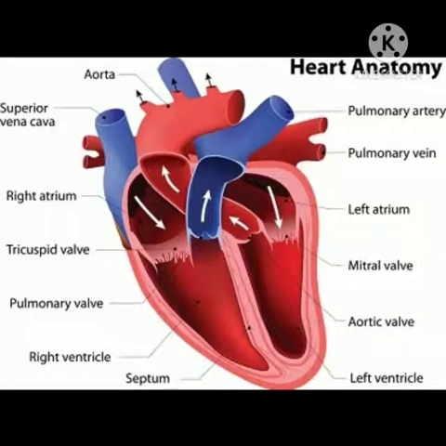Heart has 2 parts, right and left parts. The left and right parts of the heart are separated by a muscular partition called the septum, as you can see in the picture.